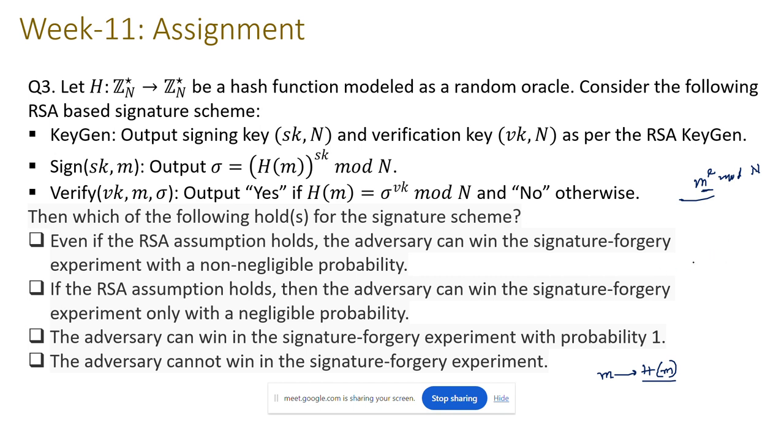maybe what you could do, so you are doing this m to h of m and then h of m to the power e mod n. Now let's say this is the random oracle model, that's okay. Now m1, sigma 1 is available.